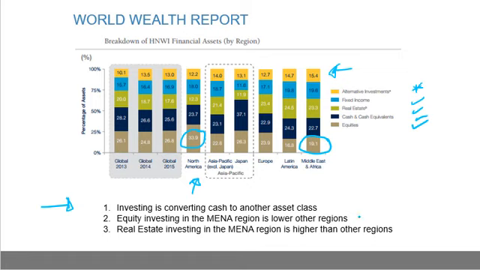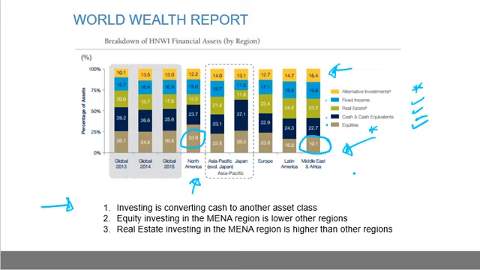So the two things that come out of here is that equity investing in the MENA region is lower than other regions. When we're talking about core portfolio management, we're typically talking about the traditional asset classes, which are equities, cash and cash equivalents, and fixed income. Equities is a lower percentage because in the Middle East and Africa, the stock markets are typically frontier markets and emerging markets.